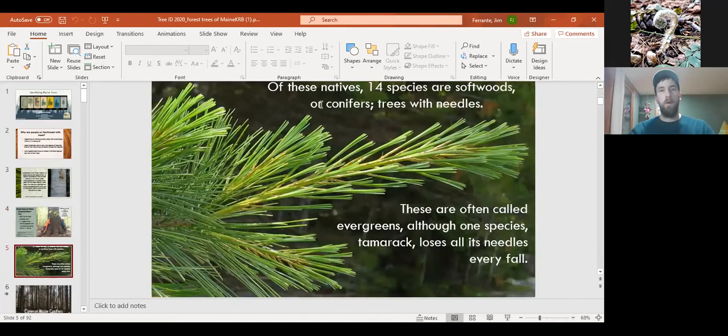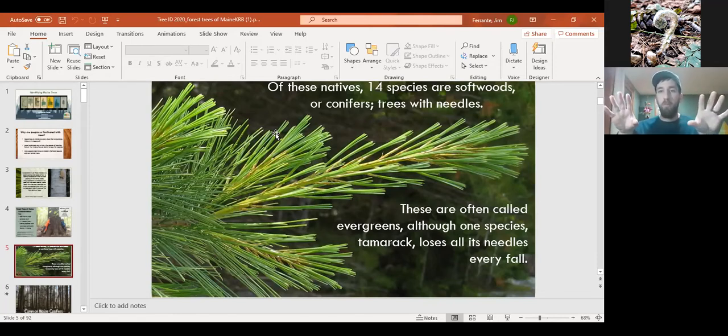Of all the native trees, there are 14 species of softwood, or conifers, that are endemic to the state. Julie and Alyssa talked a little about the difference between hardwoods and softwoods. All softwoods belong to what we call the gymnosperms. These are two distinct groups of plants.